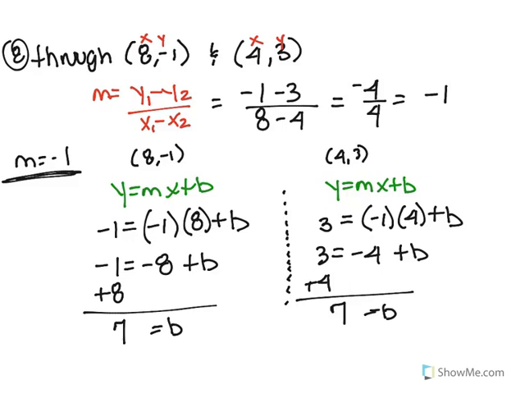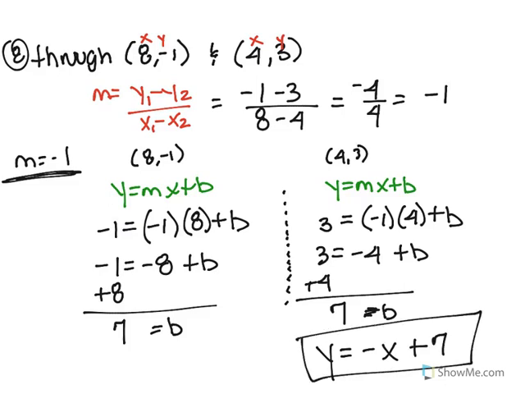You're still going to get the y-intercept is 7. So our equation is going to be what? Y equals negative 1x plus 7. Good. Does that make sense? Okay.